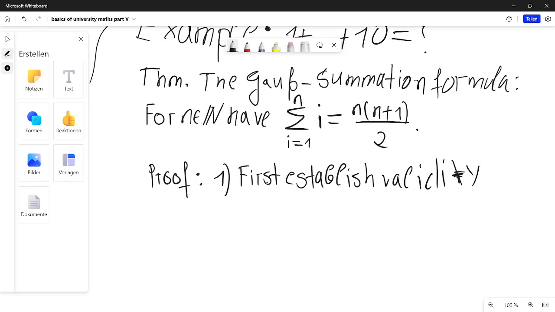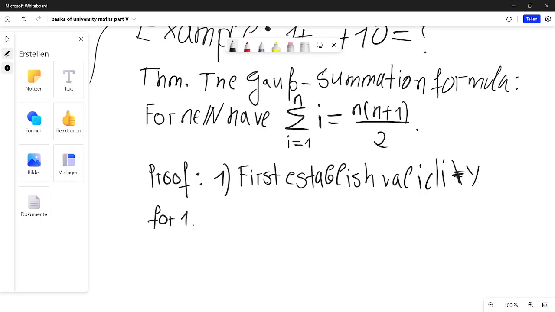Even for 0. But let's start with 1 because for 0 the formula, the sum from 1 to 0, is of course equal 0 because 1 is bigger than 0, right? First establish validity for 1. Of course, we could have then taken 0, but yeah. 0 we have established.